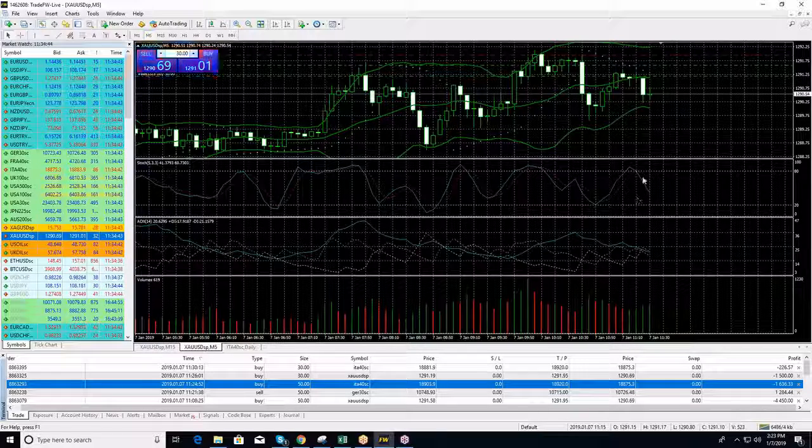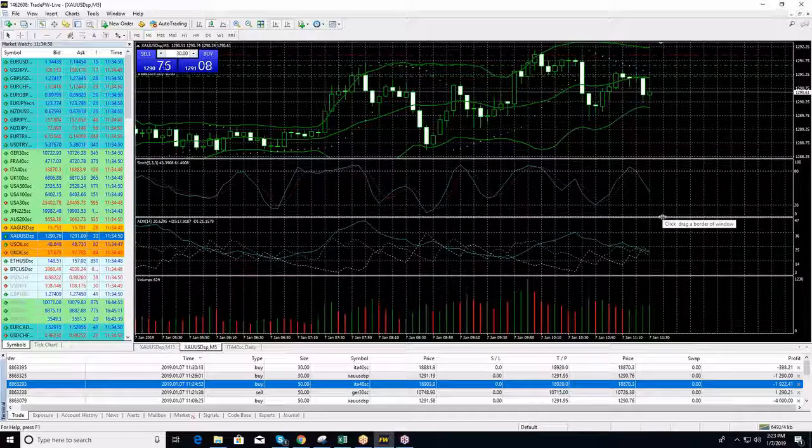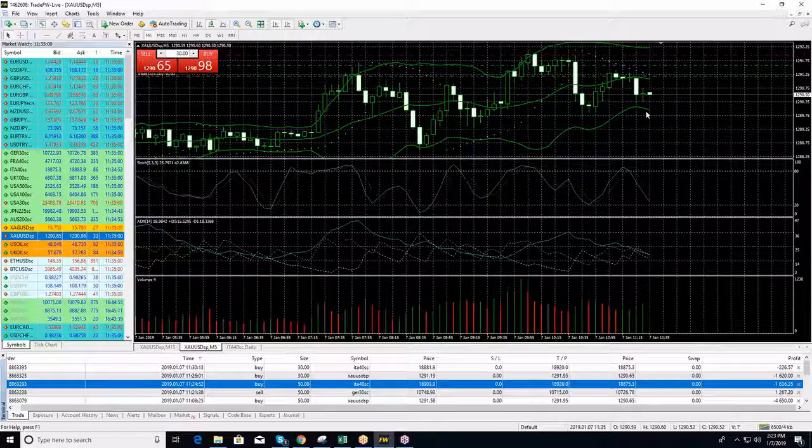I want my stochastic oscillator to go below 20. This is the first requirement, and the second requirement is that if it goes below 20 and crosses, it's a bullish candle on the lower Bollinger Band, and both are not the case yet.